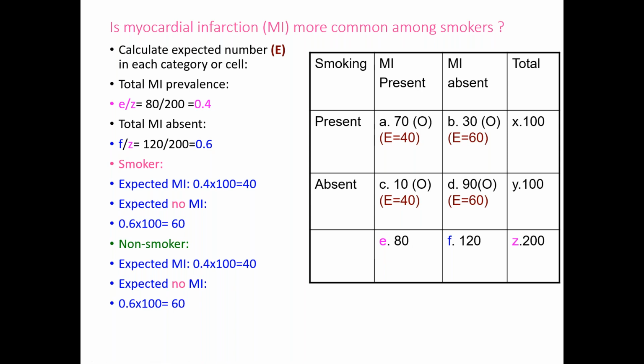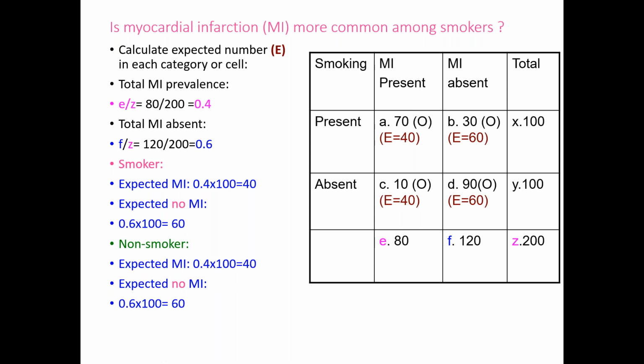That means 80 out of 200, 80 divided by 200 multiplied by 100, is your 40%. Based on that, you calculate your expected value: 80 divided by 200 multiplied by 100. These are expected values.